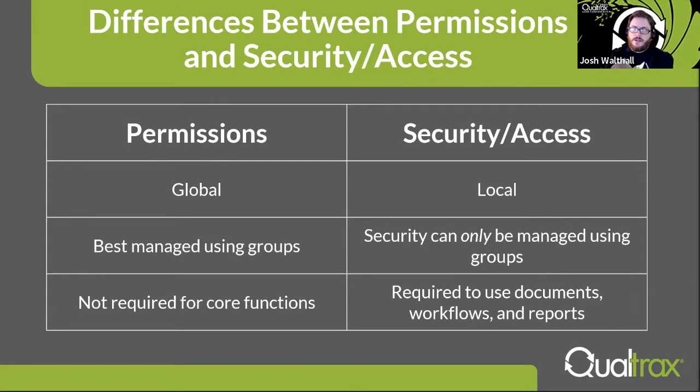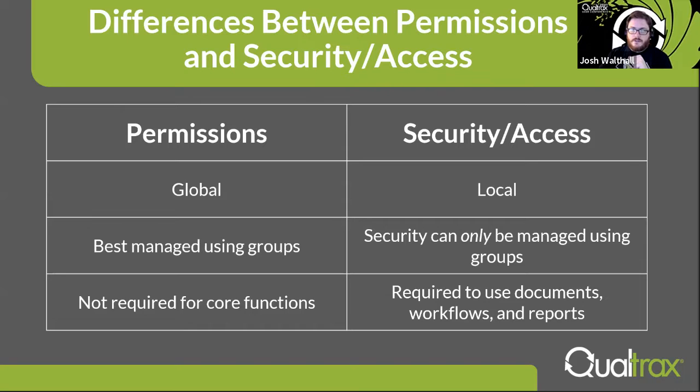But like I said, security can only be managed through groups. Access is very similar to security, but it actually can be managed individually if you need to. Again, I'm talking about instance access and definition access to workflows, but using groups there is also recommended.